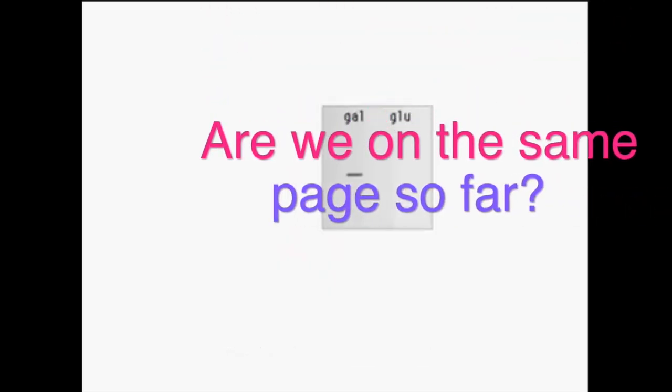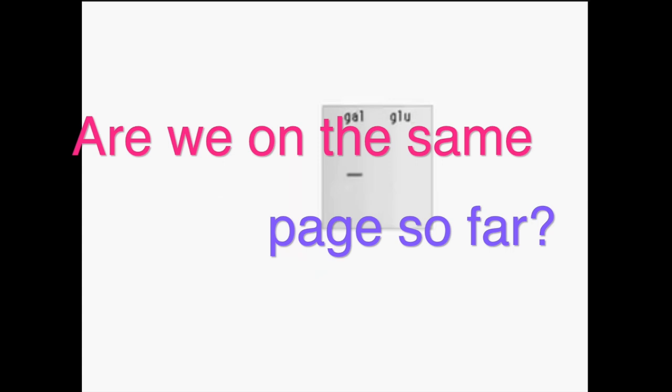And here, you can see, based on the intensity of the band that you obtain, this tells you something about the expression of your gene of interest. Are we on the same page so far? Let me know in the comments.